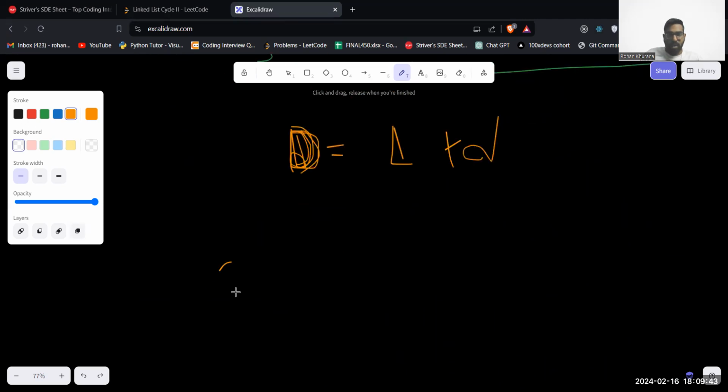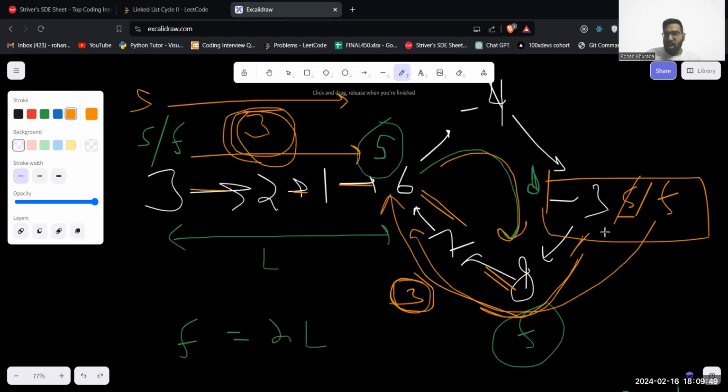fast is moving twice of D. Now, why is it so? Because see, D right now, how many steps am I ahead? Let's assume that fast is approaching slow. My fast is at this point and my slow is at this point.